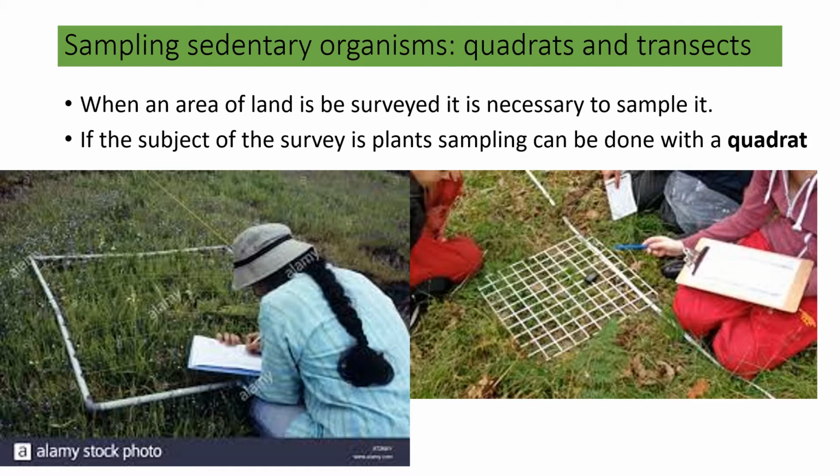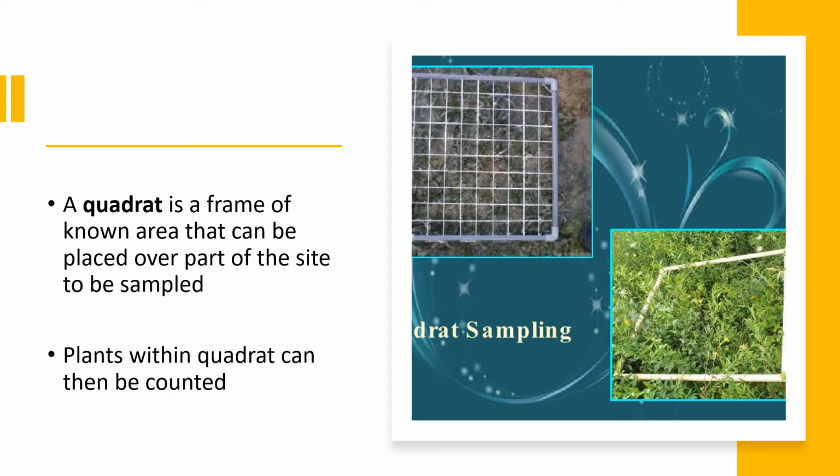So here you might have 20 centimeters by 20 centimeters, half a meter by half a meter, or a meter by a meter, and it's got a grid form on it. So it's a known area, and it can be placed over the part of the site to be sampled. And then you can count what plants or limpets or barnacles or whatever it is occur in that quadrat.